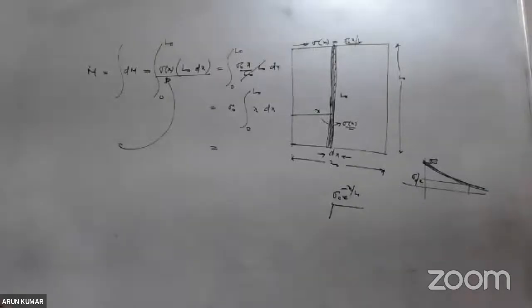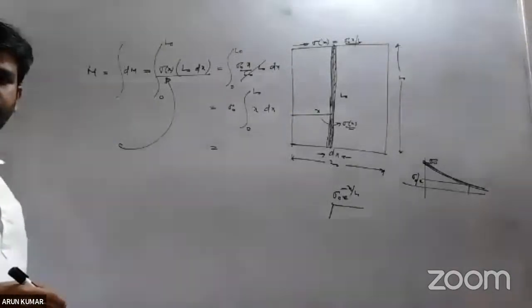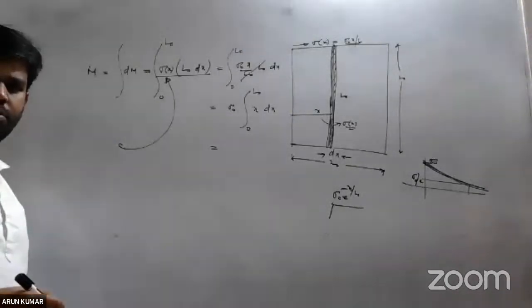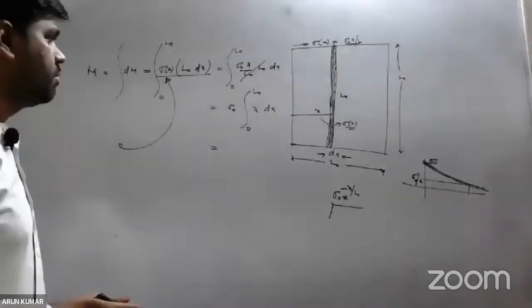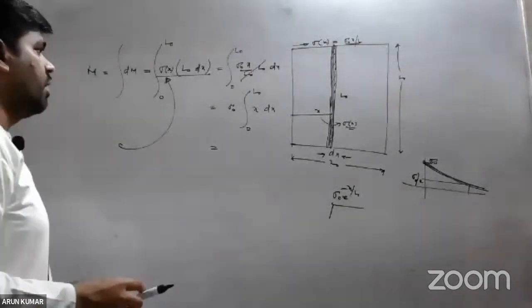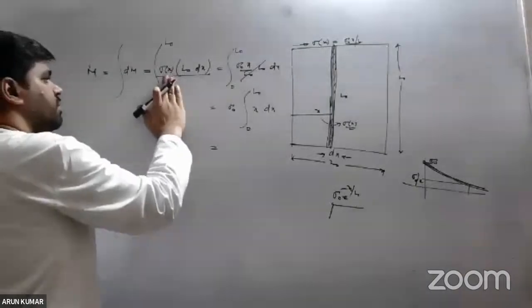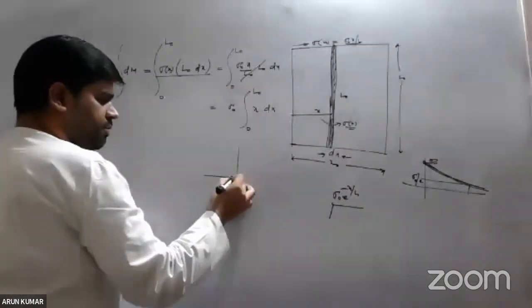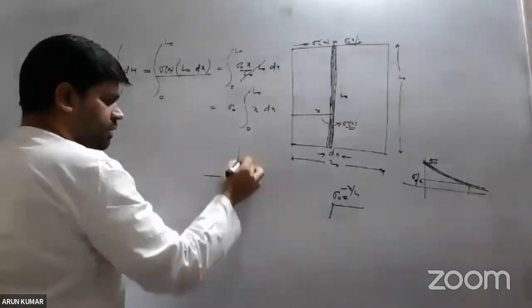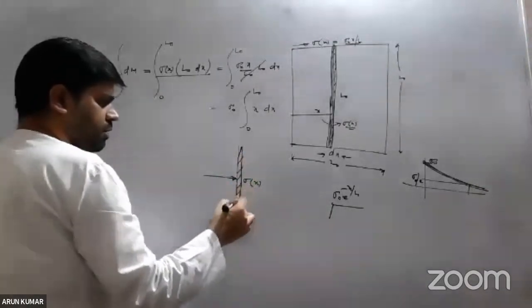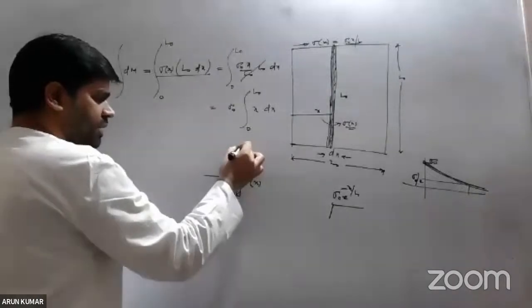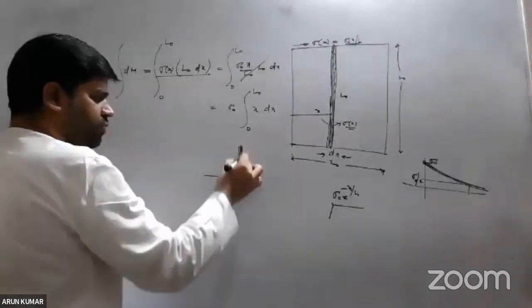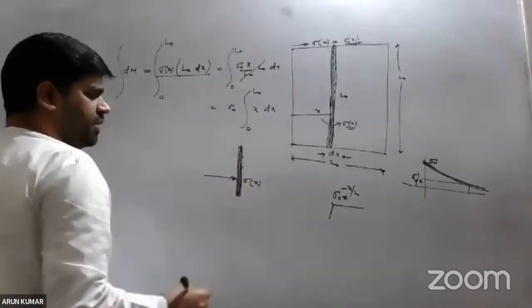Is it okay, Vignesh? Yes, sir. Can you repeat once again? See, all I'm doing is, sigma of x is there. At x, what is the value of sigma? Sigma of x. That's the function. In this strip my sigma remains constant because dx is so small that I can treat sigma to be constant.